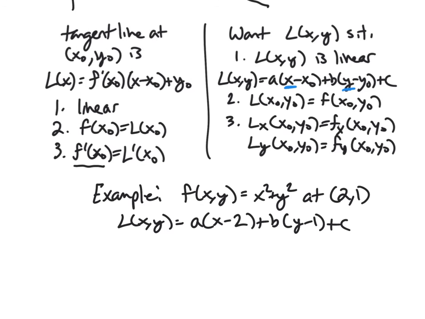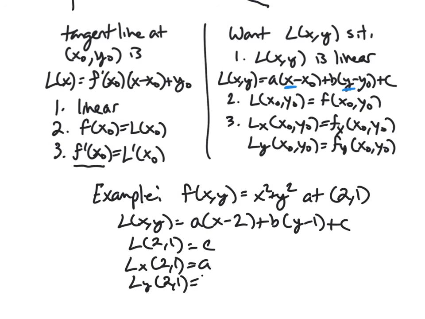Okay, so let's take our classic paraboloid here at the point 2, 1. So we know that L of xy has to be in this form. And so L of 2, 1 is going to be, well, you plug in these, they're both 0. This gives you C. Lx of 2, 1, well, the only x thing showing up is ax, so this is A, and Ly of 2, 1 is B for the same reason.